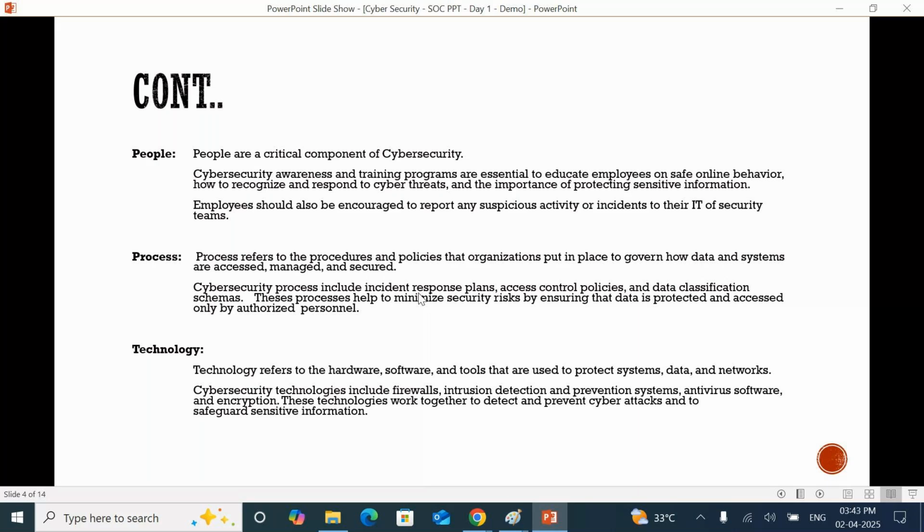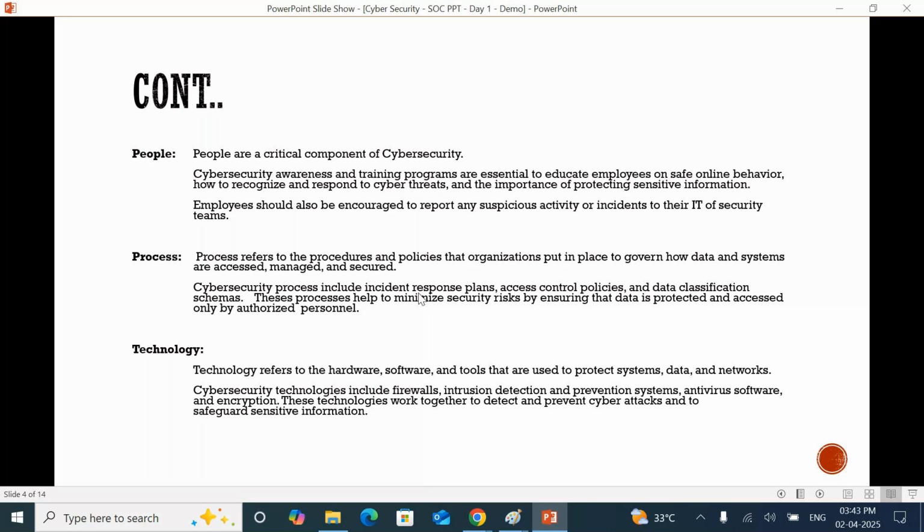Accordingly, you can maintain your data categorization so that authorized people can access the specific data with an access control plan. Based on that, if anything suspicious happens, incident response will be activated to find out the specific malware or suspicious thing within the incident plan. This is about process. Coming to the technology.